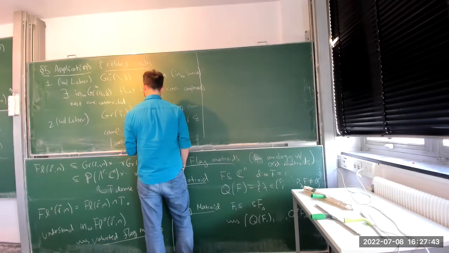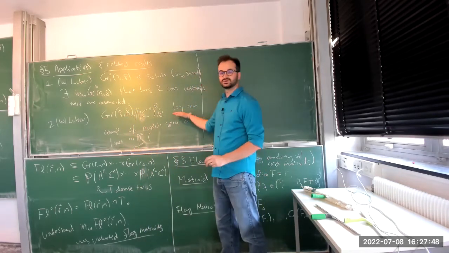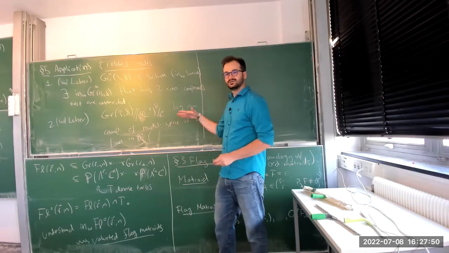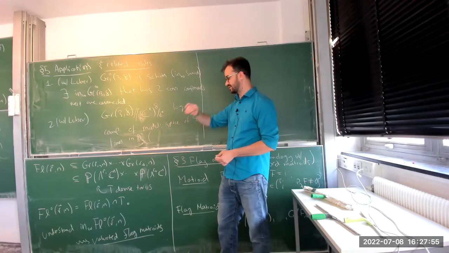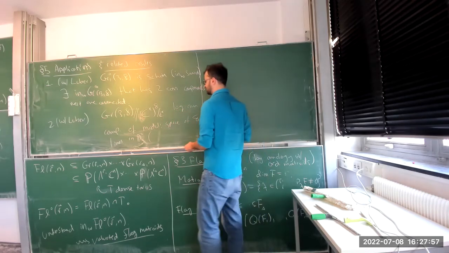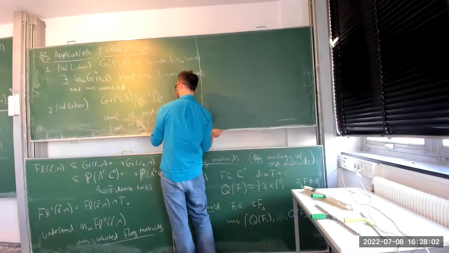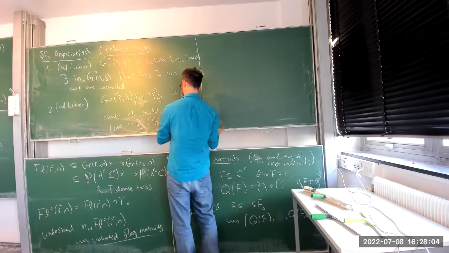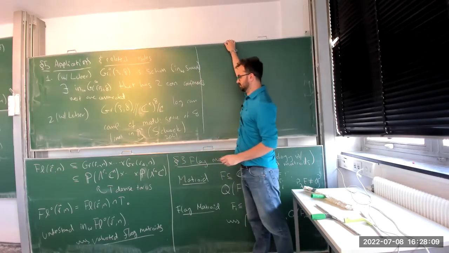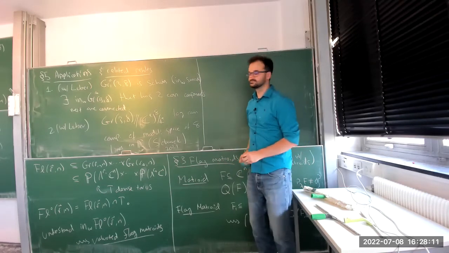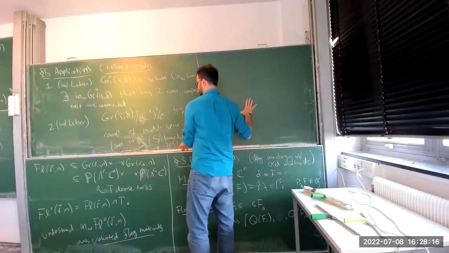Being schön gets you halfway there, and then to go from schön to log canonical is a combinatorial check, something I was talking about earlier in the talk. This was actually not done by us, it was done in a paper by Schock. And so this resolves the conjecture of Hacking-Keel and Tevelev.